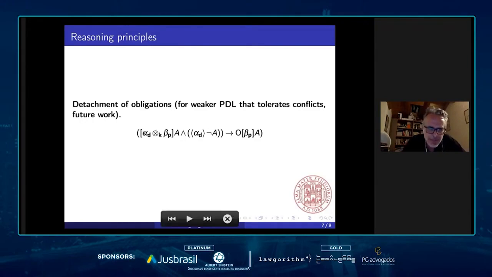In fact, you may have that alpha is preferred over beta, and that produces A, but you know that there is one possible transition that leads to not A if the alpha is performed by the defendant, which means that we have a conflict, but you can detach that the other option, beta, is obligatory. So at the end of the day, you have a way for deriving the obligation, provided that you have a sequence of preferences of the court.